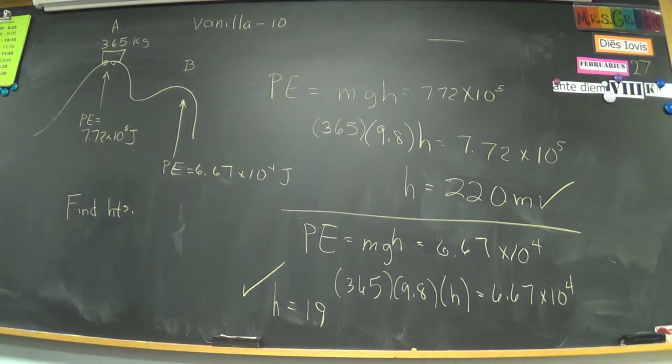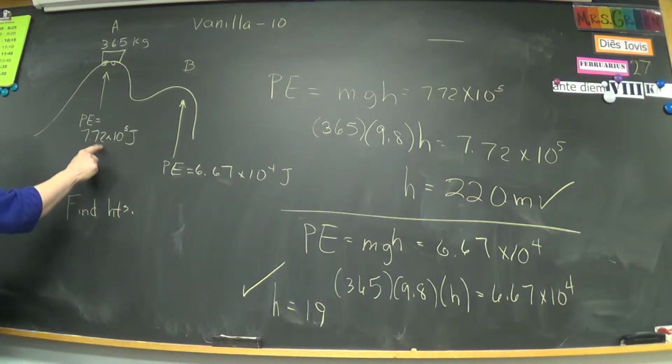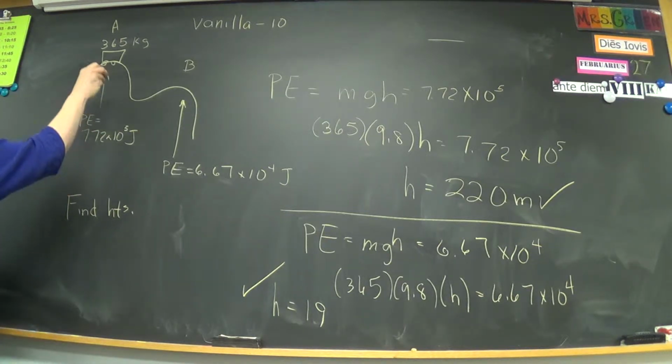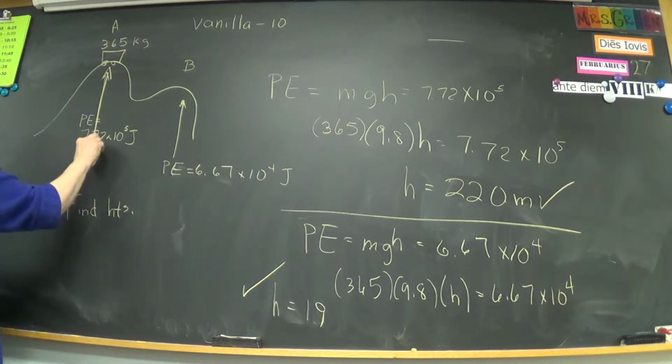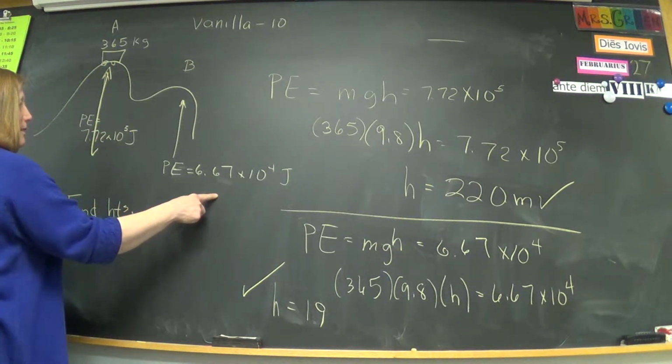A roller coaster car, whose mass is 365 kilograms, is at the top of the highest hill on the track. If the potential energy is 7.72 times 10 to the fifth power joules relative to the ground, and 6.67 times 10 to the fourth power joules relative to the next hill.